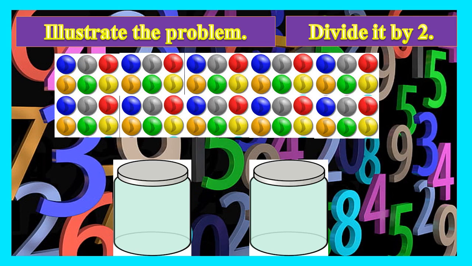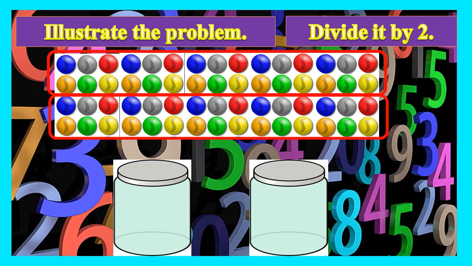To illustrate, let's divide the marbles. Let's divide it into 2 equal sets, or divide it into 2 equal groups. So how many marbles would be there in each group? That's 1, and that is another 1.